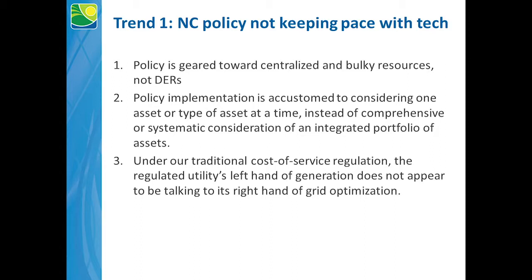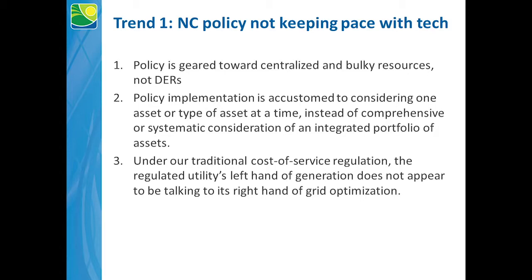And the integrated resource plan itself is falling into enough question with other IRPs being generated to really question if the ones that are being filed are even viable and accurate in the resource assumptions they're making and the cost assumptions they're making. So our traditional cost of service regulation, the regulated utilities' left hand of generation, doesn't appear to be talking to its right hand of grid optimization.